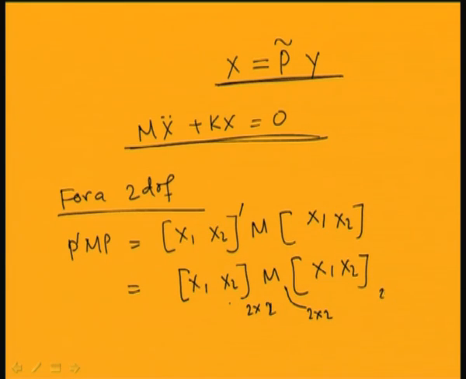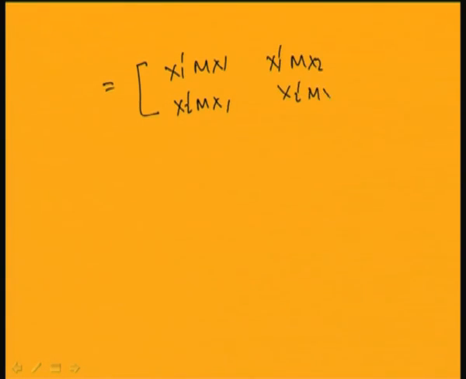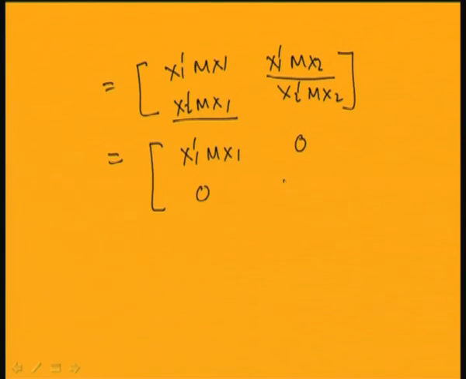By this I can find P dash MP, which equals x1 dash m x1, x2 dash m x1, x1 dash m x2 and x2 dash m x2. Now, using the orthogonal property, x1 dash m x2 equals 0 and x2 dash m x1 equals 0. So, this becomes x1 dash m x1, 0, 0, and x2 dash m x2.